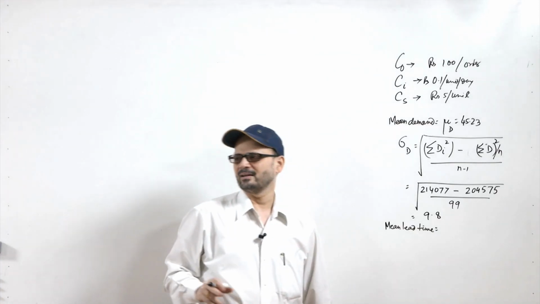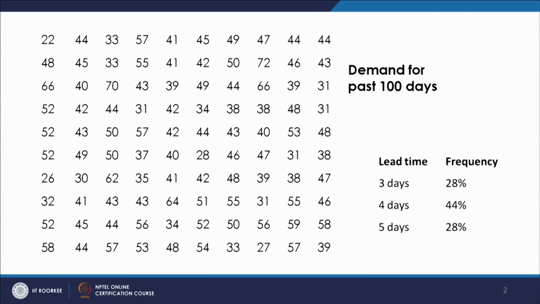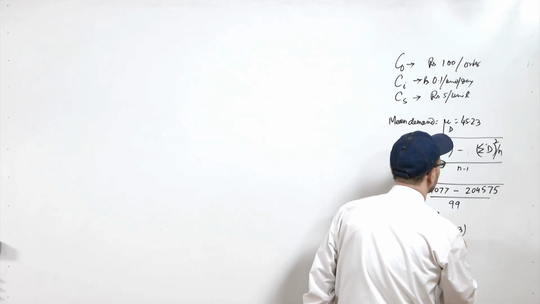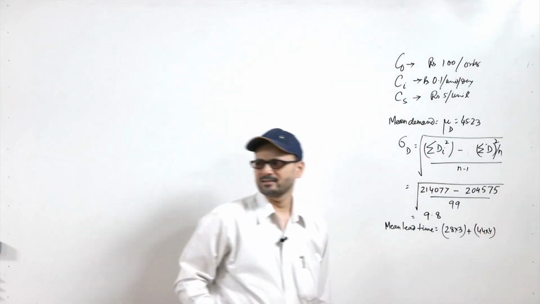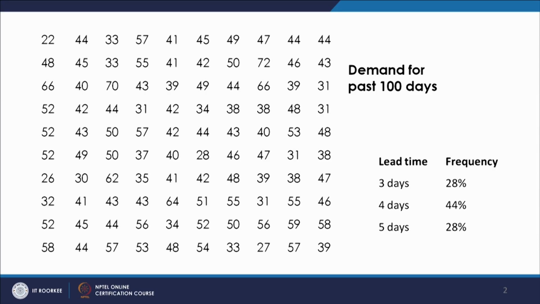So 28 into 3 plus 44 into 4, plus 28 into 5, divided by 100.